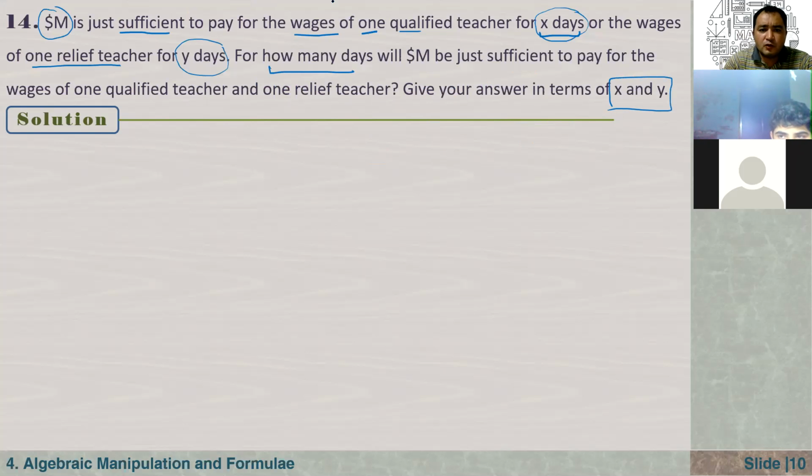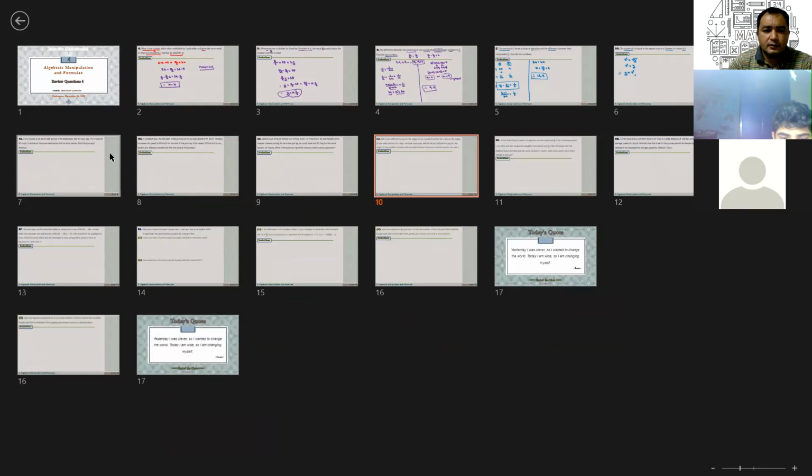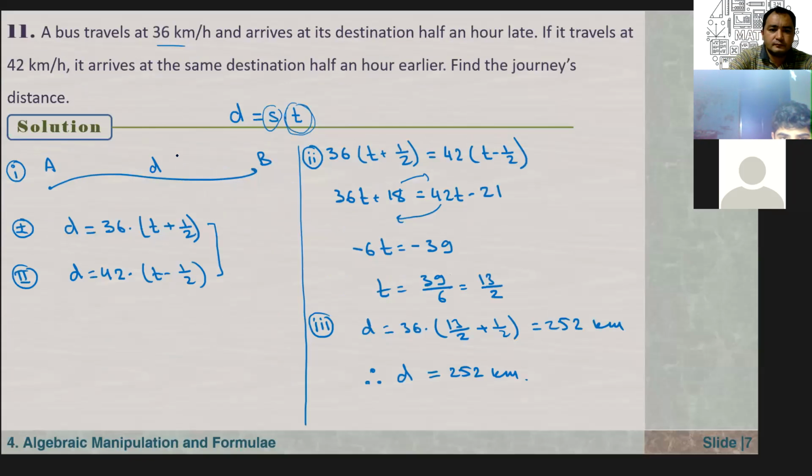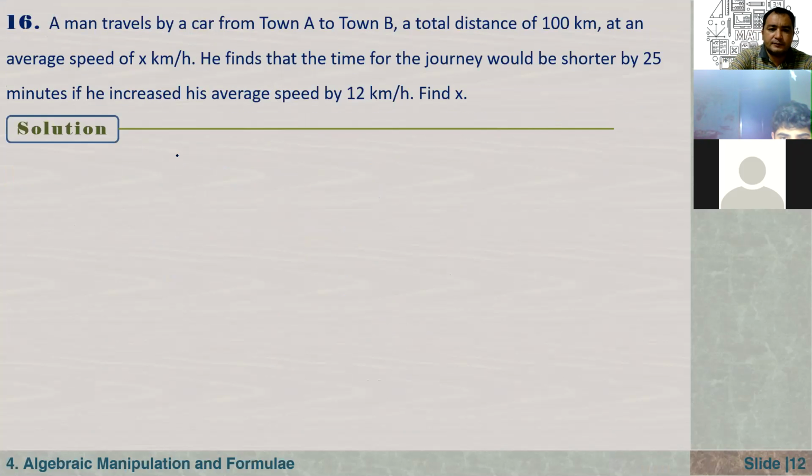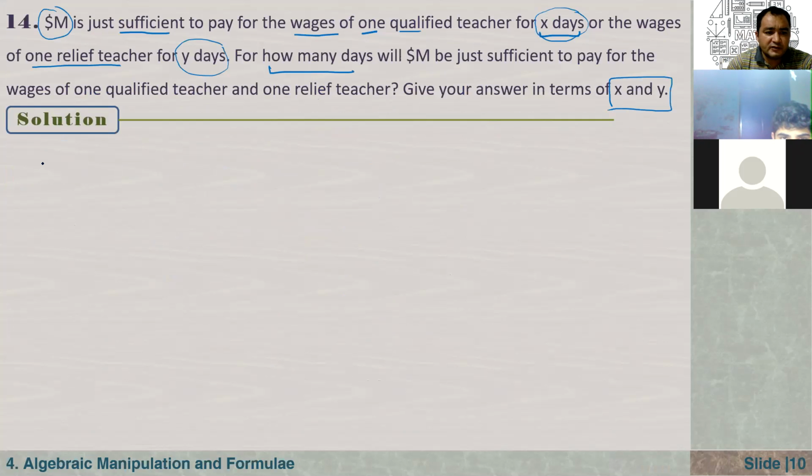So that means that one qualified teacher for X days, right? So in our budget, we have M dollars. Let's say for the qualified teacher, her rate is Q dollars per day, not a month, it is days, right?